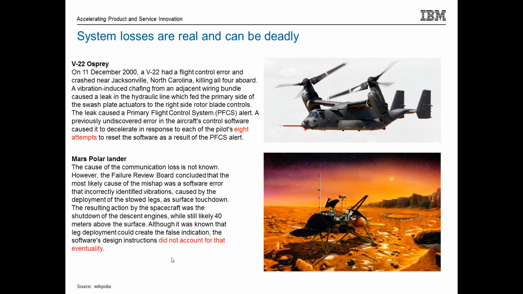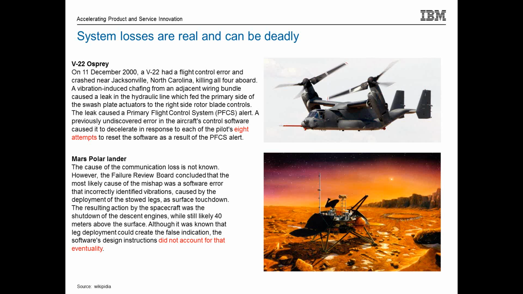The Mars Polar Lander was a case where, as it was coming down to touchdown on Mars, the landing legs deployed, which created a vibration in the system in which the computers thought it had actually landed, and so it turned off the descent engines, and it ended up falling, and they lost it. This is despite the fact that the designers knew that the legs would produce this kind of vibration.